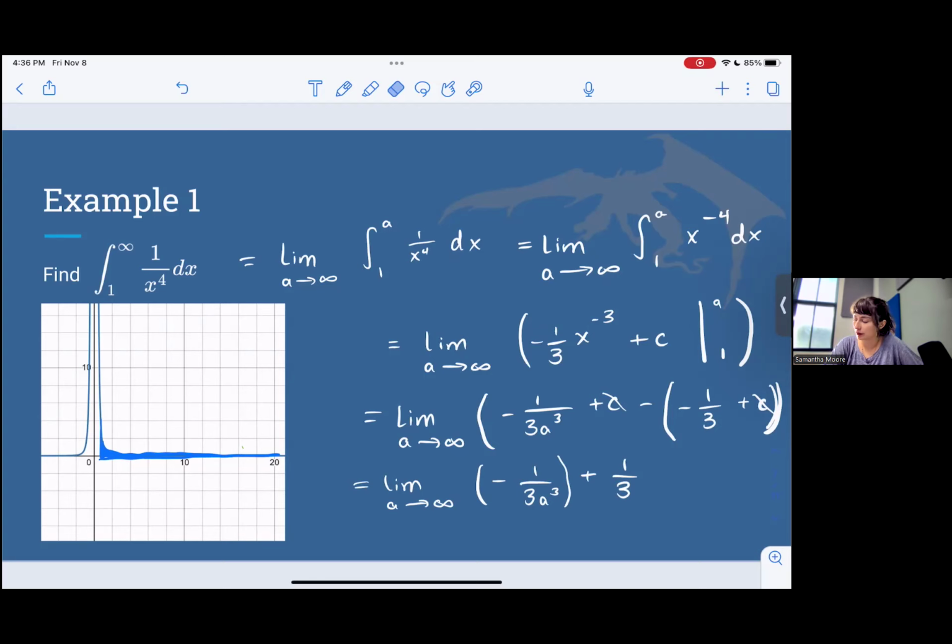So I only need to think about the limit as a goes to infinity of negative 1/3a cubed. Your denominator is getting larger and larger, while your numerator is staying the same. And so that fraction is going to 0. That limit is going to be 0 plus 1/3. And so in total, our area is 1/3. The total amount of area under this graph between 1 and infinity is just 1/3 units squared.